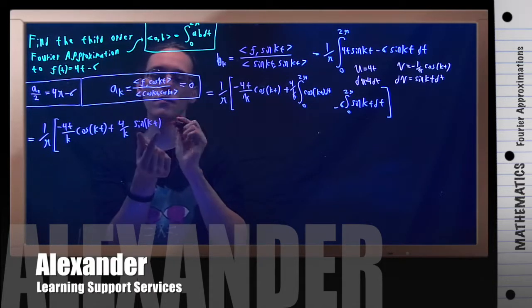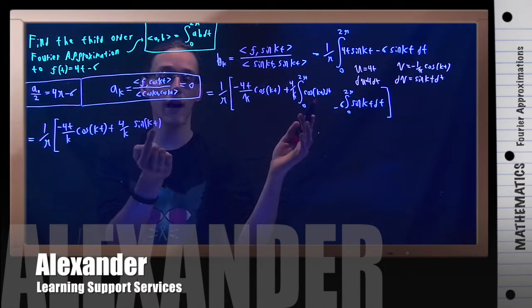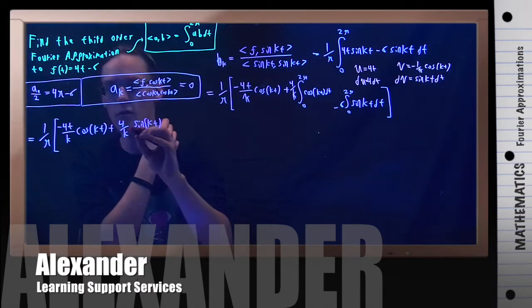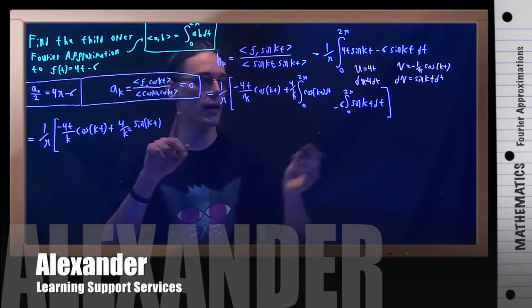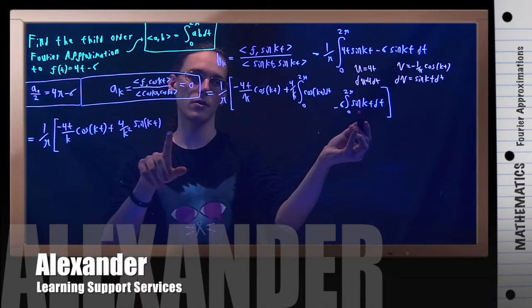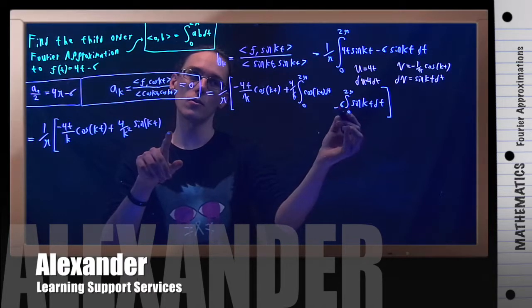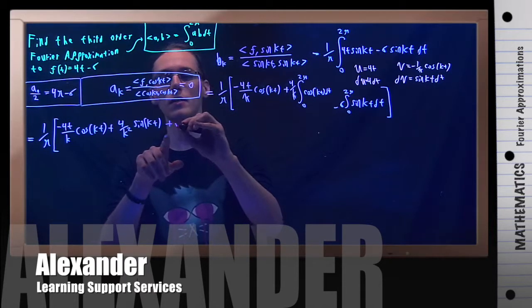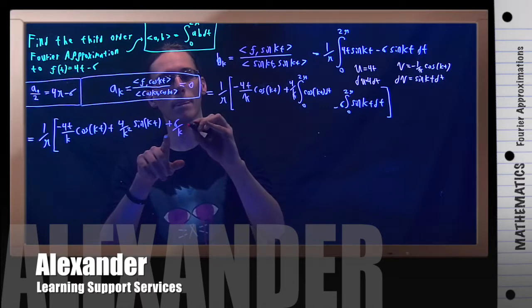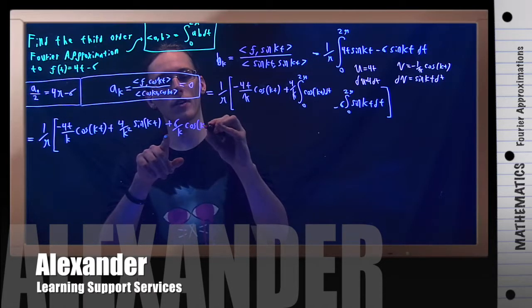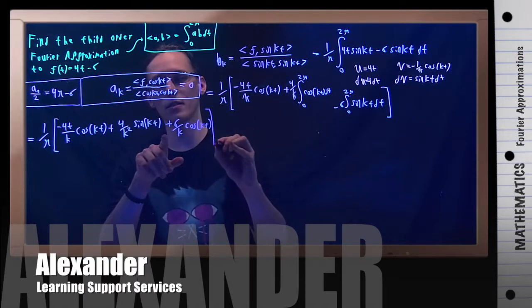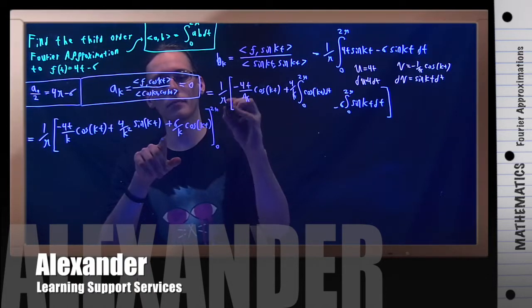If I take the derivative of this, I would get cosine, and then a factor of k. So this down here becomes a k squared, so I can cancel that off. And then over here, integral of sine, that's going to be a negative cosine. So negative negative gives me a positive 6 over k cosine of kt, and all of this is evaluated from 0 to 2 pi.